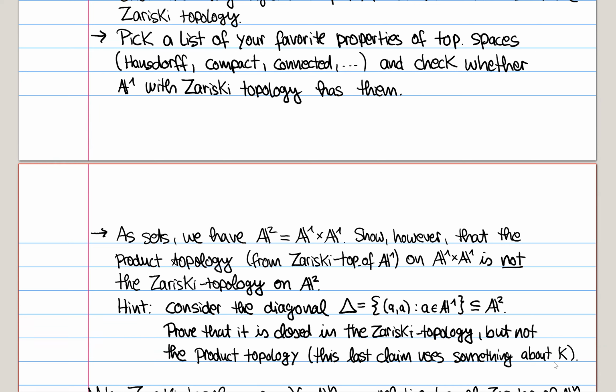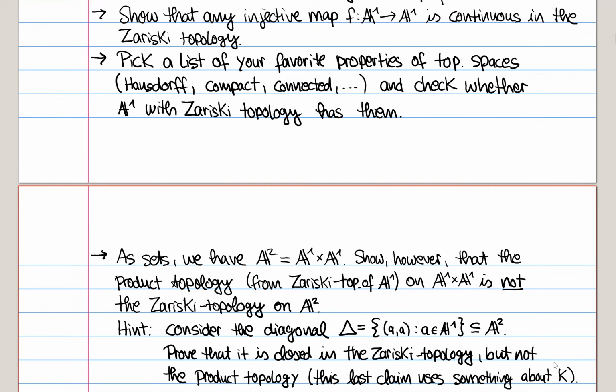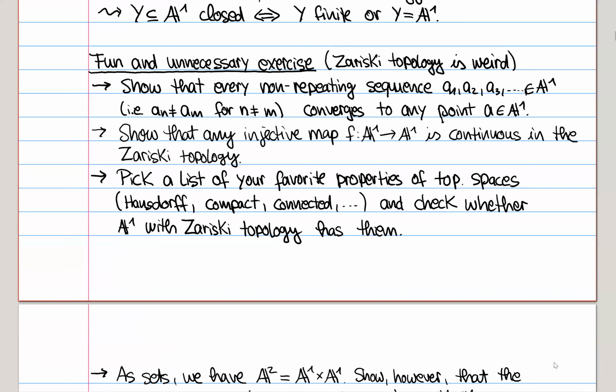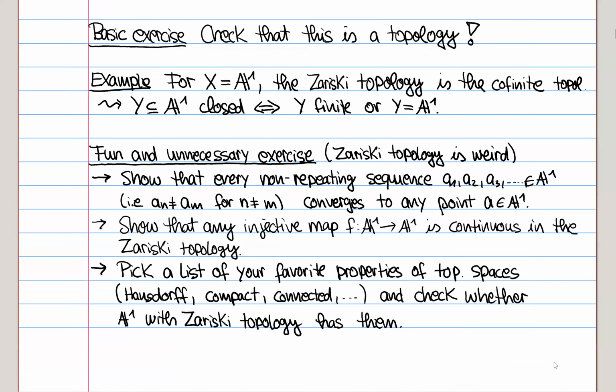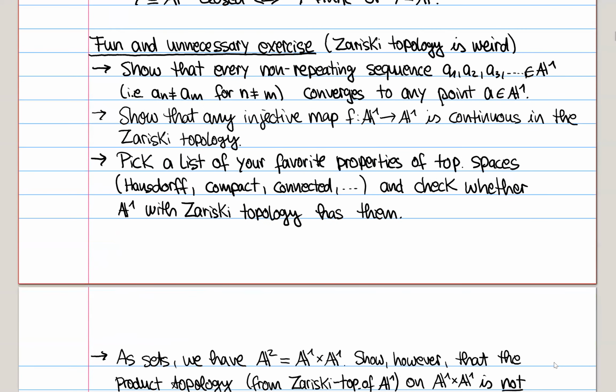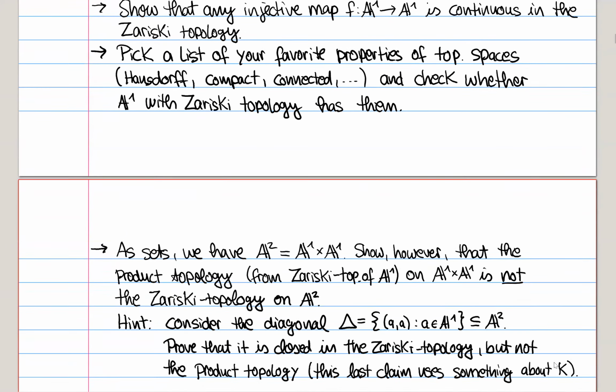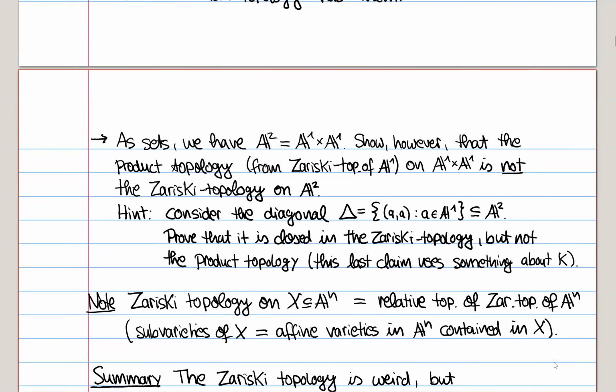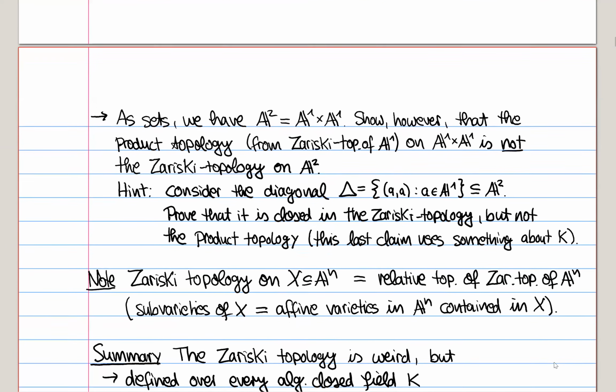That's just a hint if you try this exercise. It sounds a bit weird that I started by defining this Zariski topology and then telling you all that is bad about it, but I guess this is just being a bit honest up front.